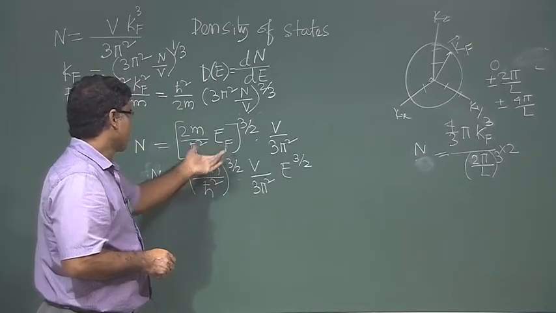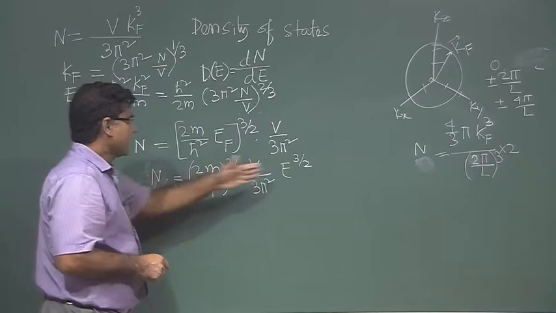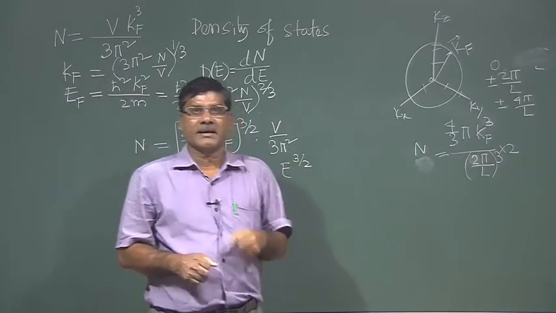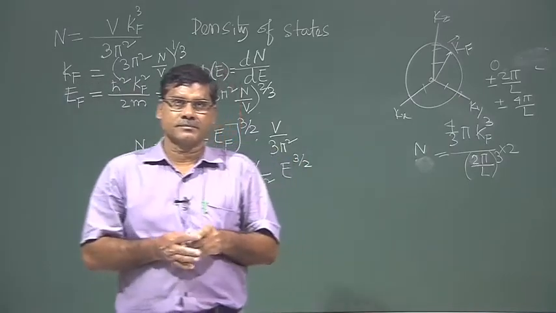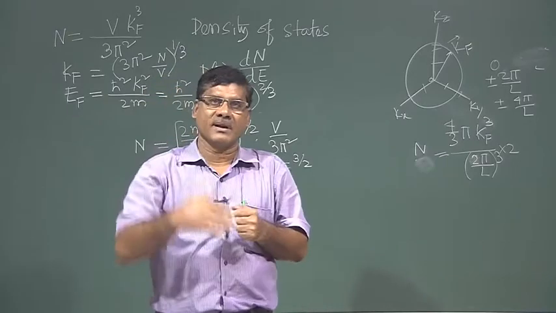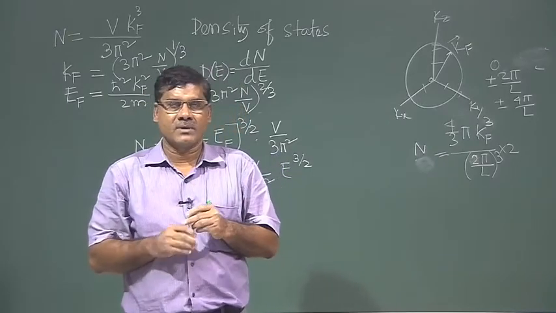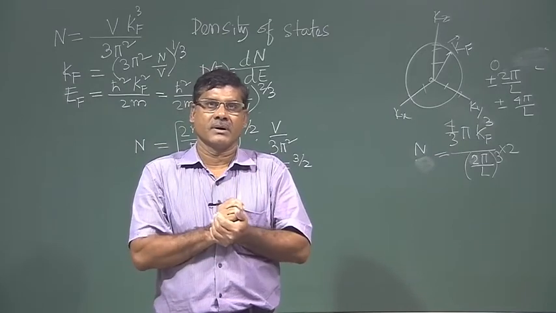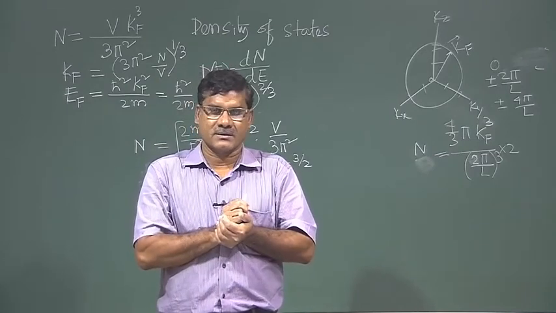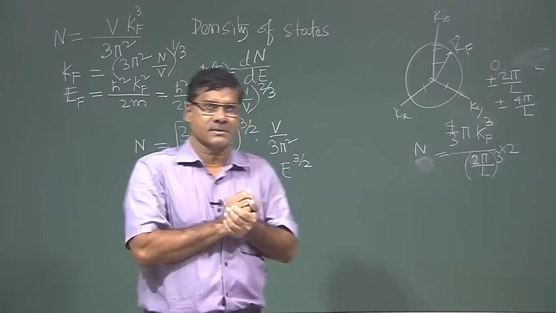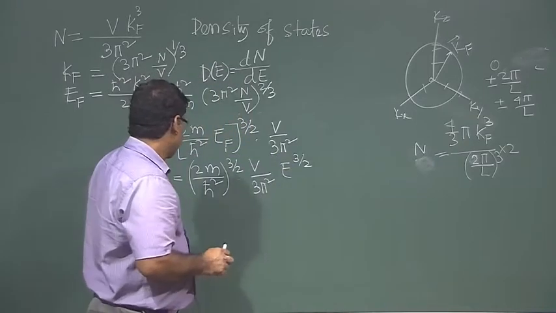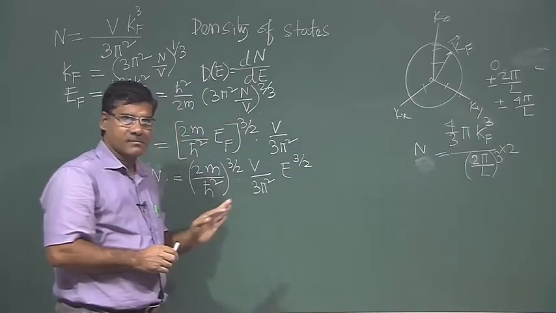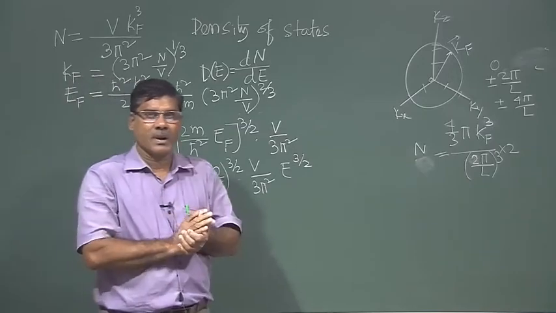So, but if I take in general energy, even energy is higher than the Fermi level, I do not have any problem, because my total number of states, total number of electrons, okay, it is conserved, it will remain same.